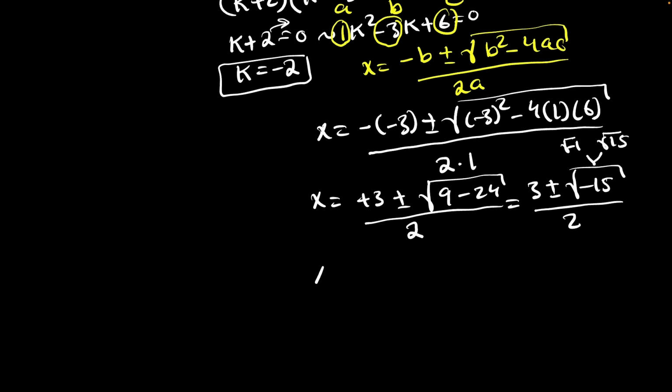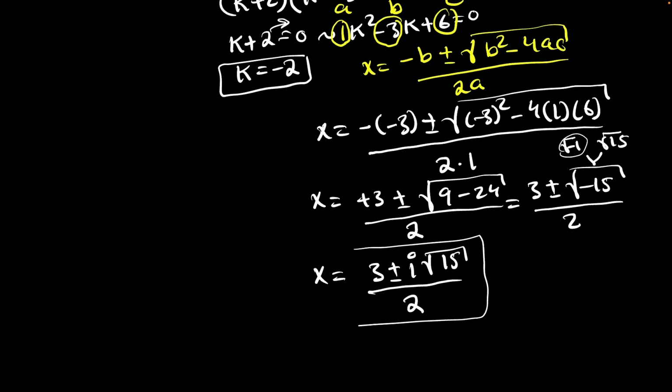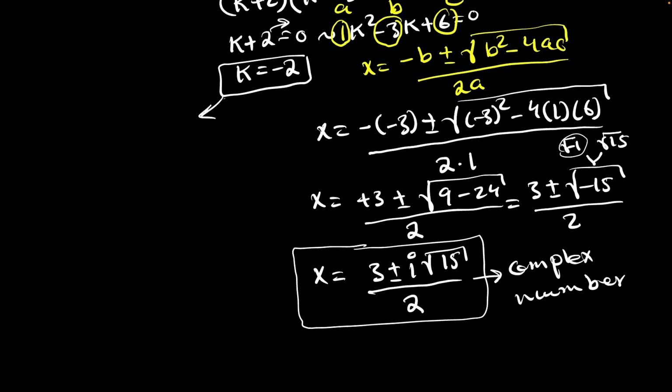So x is equal to 3 plus or minus, instead of the square root of negative 1 we write i, the complex number, times the square root of 15, over 2. So it means the other two roots, one positive and one negative, are complex roots, and the other root that we have is a real number root.